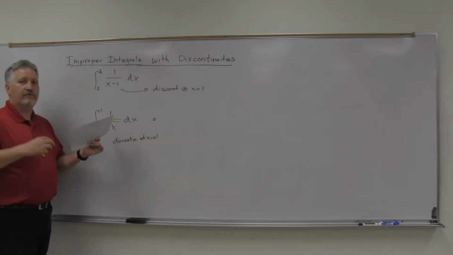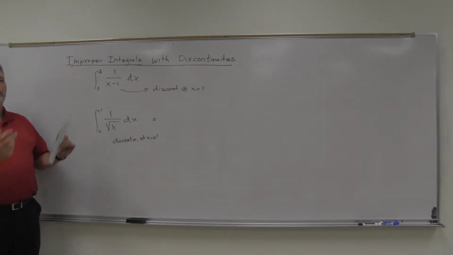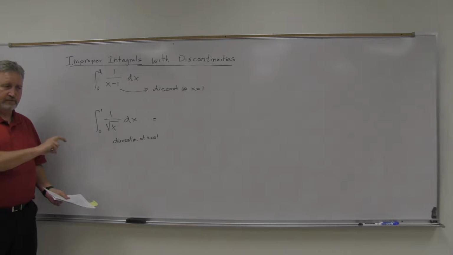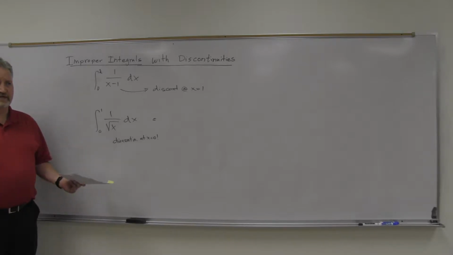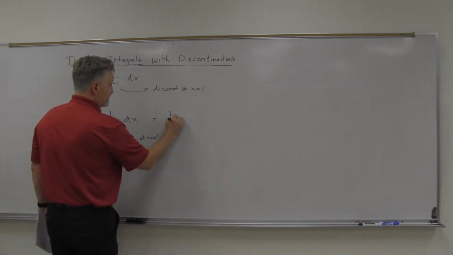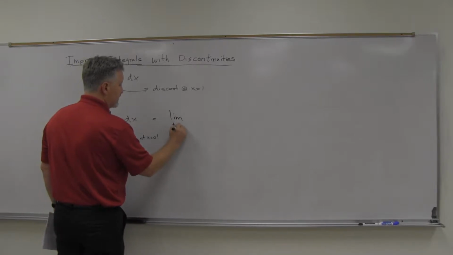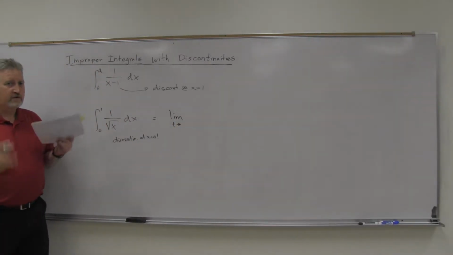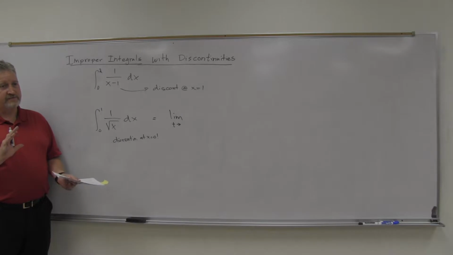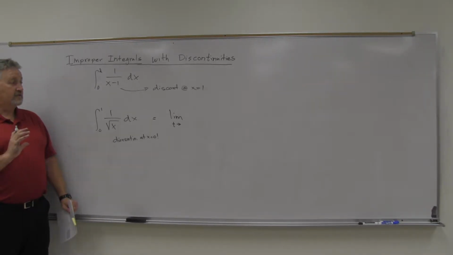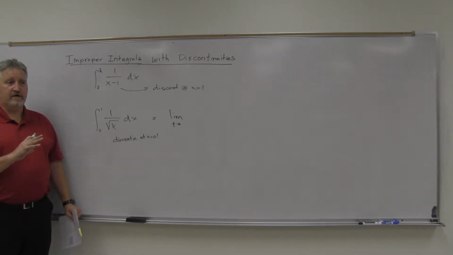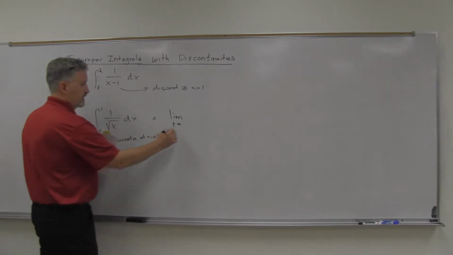Just like we did with the infinities, we're going to replace the discontinuity by the t. So I'm going to do the limit as t goes to 0. On discontinuities, one thing you have to pay attention to, because sometimes it makes a difference, is which side of the discontinuity we are talking about.